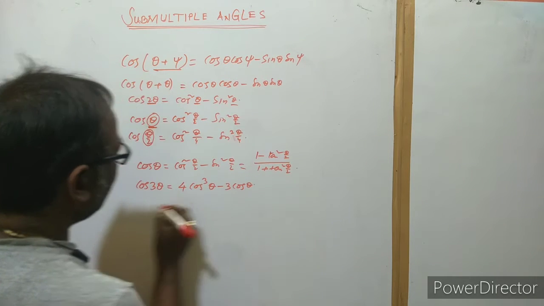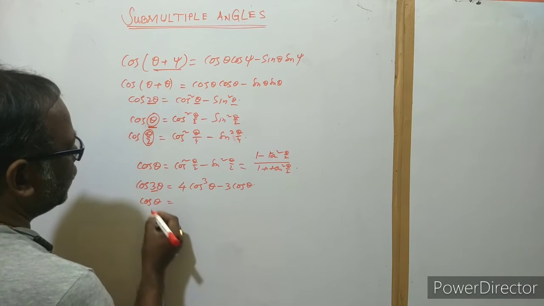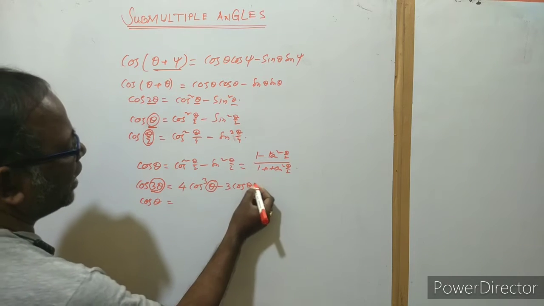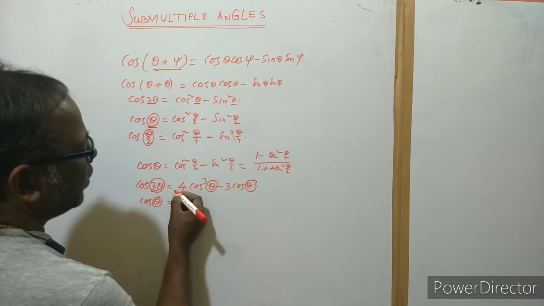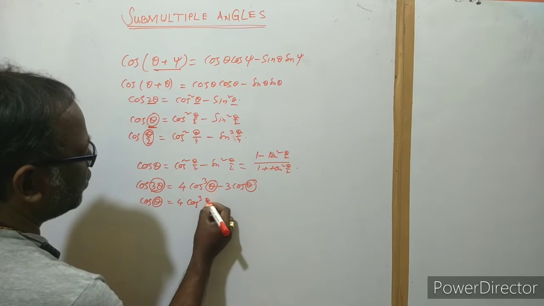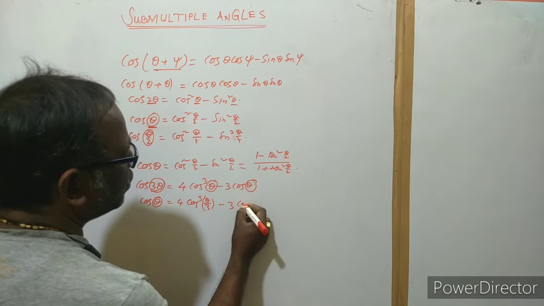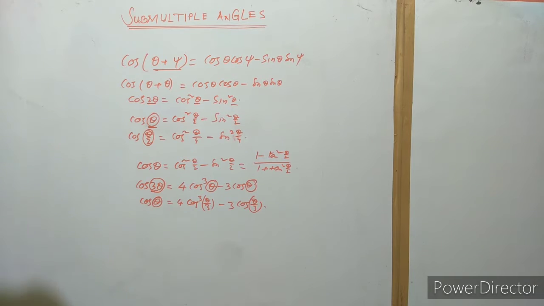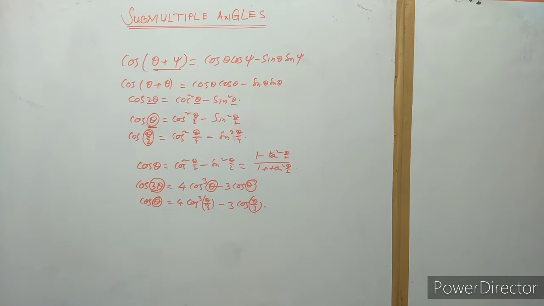If you want to find theta with the help of 3 theta, see that this is the multiple of 3, so here is the 1/3. Using this formula, this angle will be the 1/3 of that: cos theta is 4 cos cube of theta by 3 minus 3 cos of theta by 3. This is actually the difference between the multiple and submultiple.